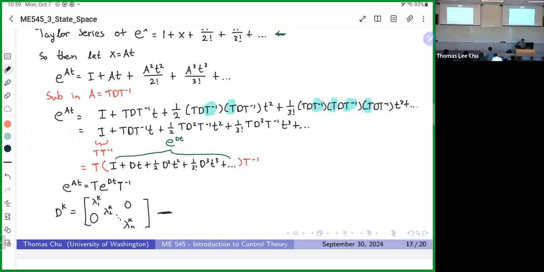And when you take an exponential of something that only contains values in the diagonals of a matrix, e to the dt is equal to e to the lambda 1 t, e to the lambda 2 t, all the way down to e to the lambda n t, because each one of these diagonals is a Taylor series of that corresponding eigenvalue.